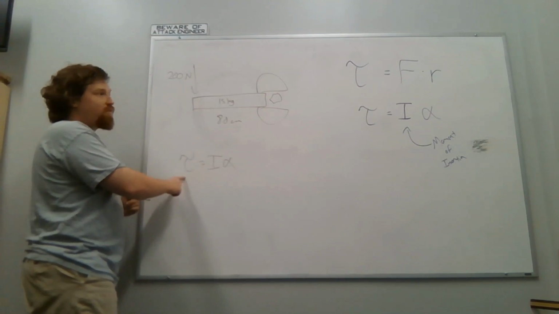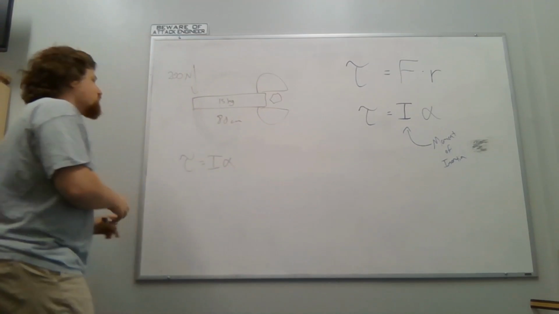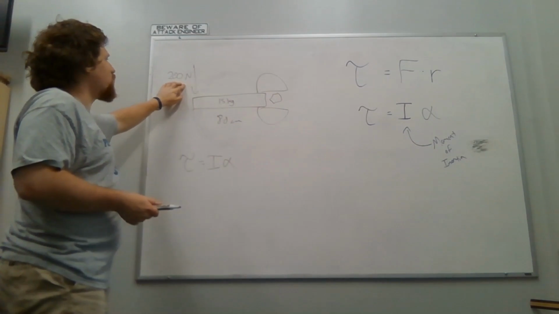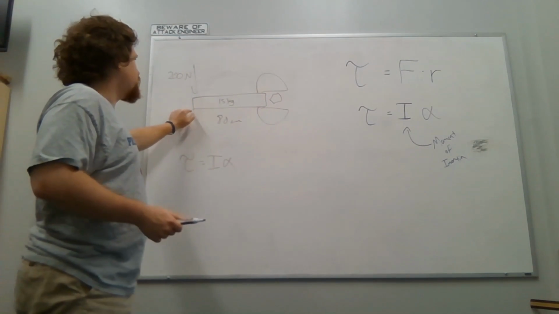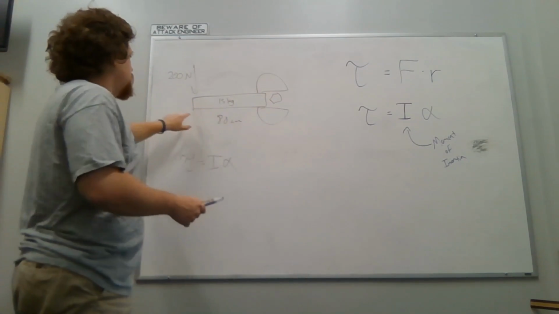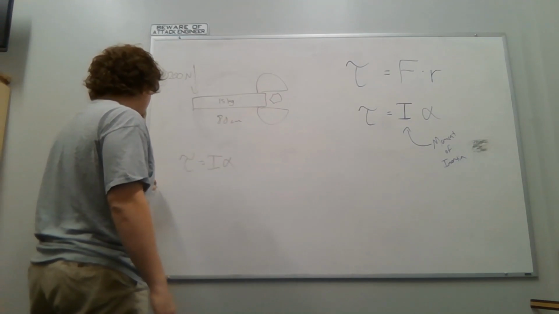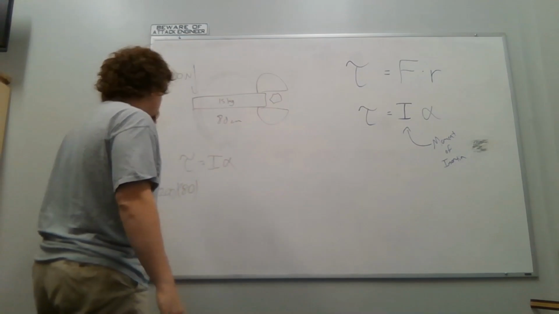Let's talk about torque first, because we're just going to use this formula to find that. So, torque equals force times radius. We know the force being applied to the end of this wrench, and we know the radius from the force to the fulcrum. It's going to be 80 centimeters. So, for torque, we can plug in 200 times 80 centimeters.